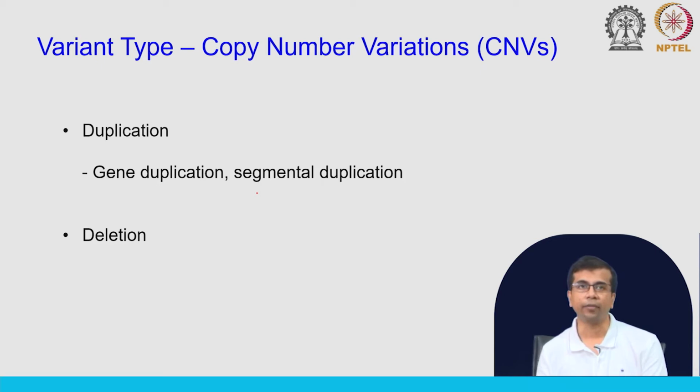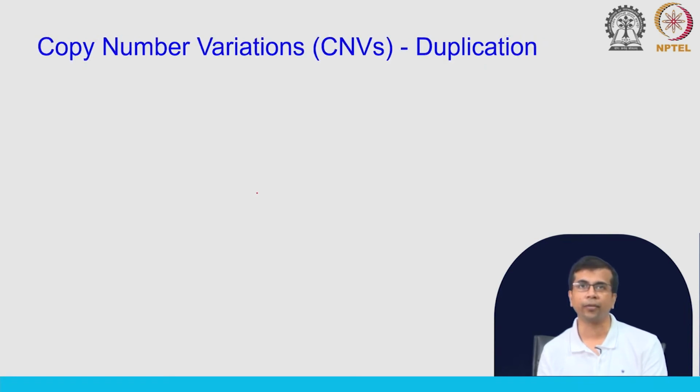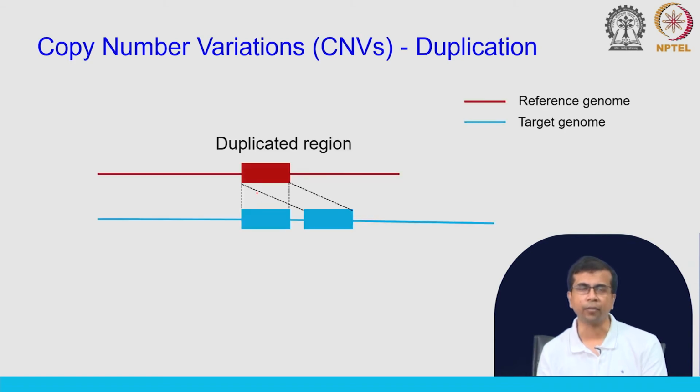And similarly, you can have deletion. Again, do not confuse this with the indel ones, these are large scale deletions, which means a gene or a segment can be deleted. So, just to illustrate this copy number variation, you can imagine this is a region, a gene or a segment of the genome. In the red, this is the reference genome, and in the blue target genome this region is present in two copies.